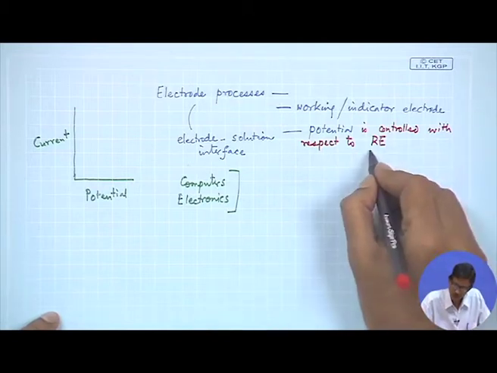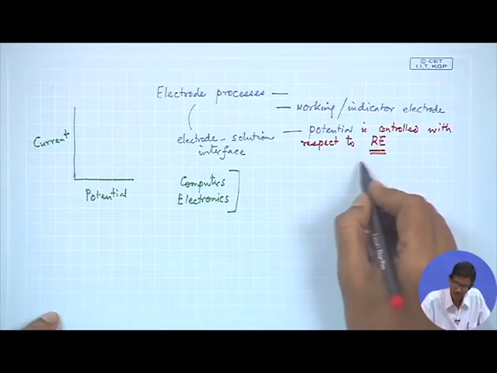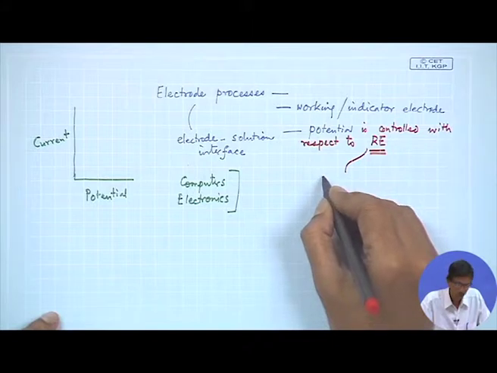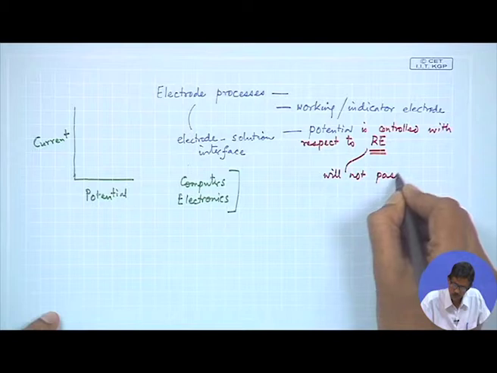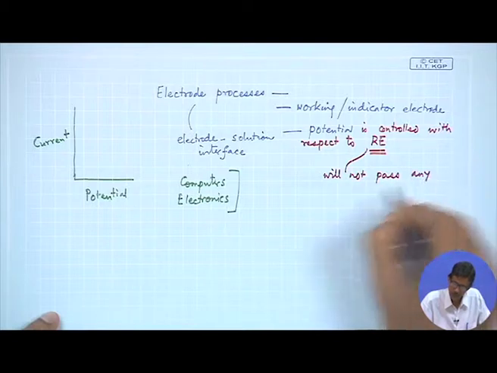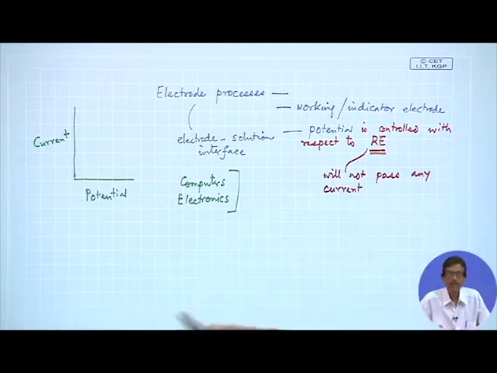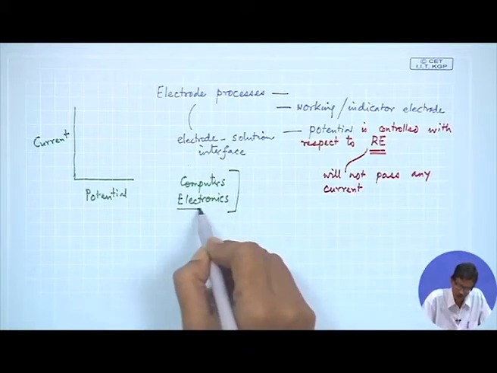For this reference electrode, we impose a certain condition: that it will not pass any current. That is very important. In that way we basically measure that.